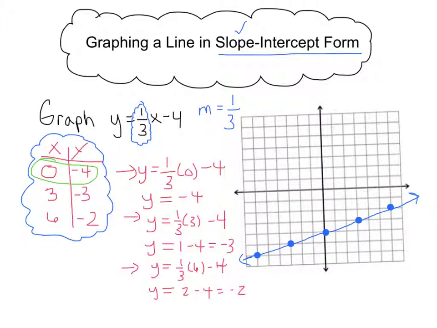The y-intercept is simply where the graph intersects the y-axis. So you see that -4 that I'm going to circle in green is the y-intercept of this graph.